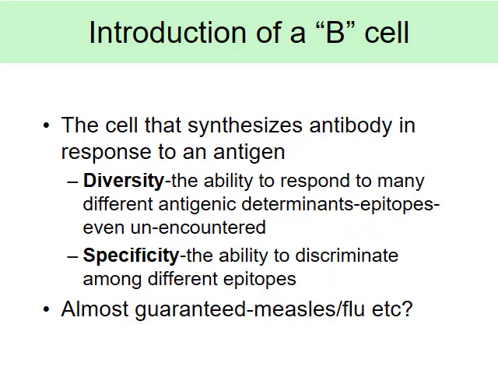Now, also remember that this particular cell, which is geared for antibody production, will synthesize an antibody in response to an antigen. We discussed that yesterday, the capability of diversity or specificity that it has.